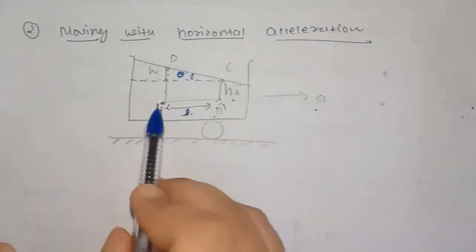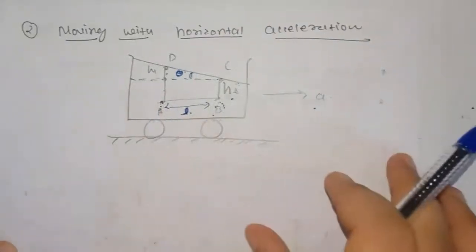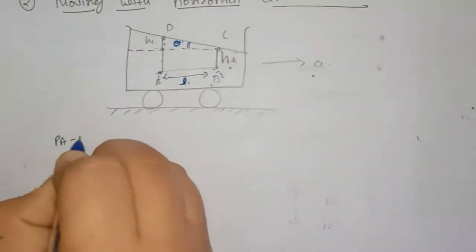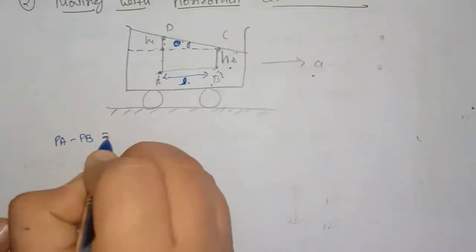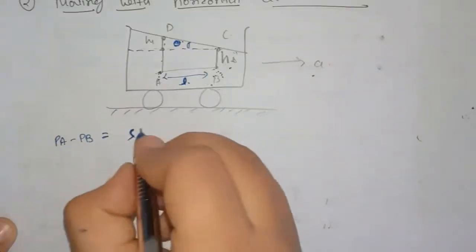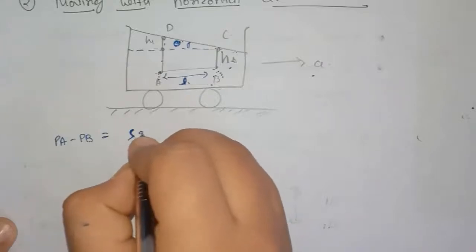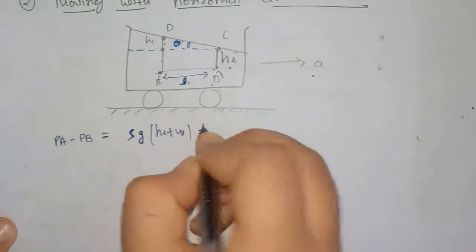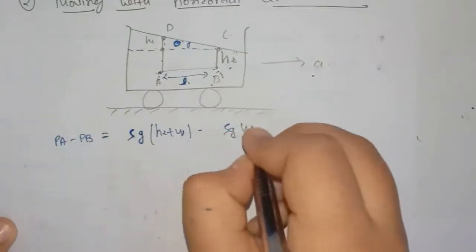The pressure difference between A and B can be given by PA minus PB is equal to rho g (h2 plus h1) minus rho g h2.